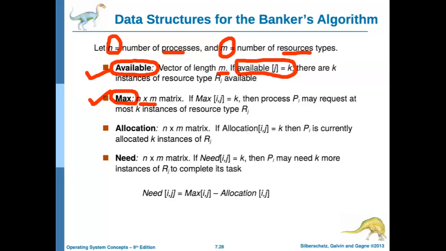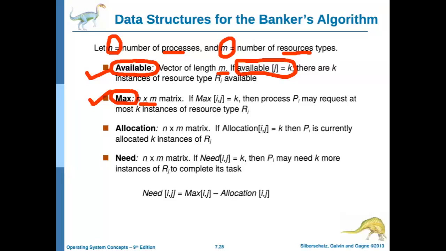Because it is an n by m matrix. For example, if process 1 needs 3 resources out of 10, then at the other locations k is 0. That means this process doesn't need that resource type, and it will be some positive value k for the required resource types.